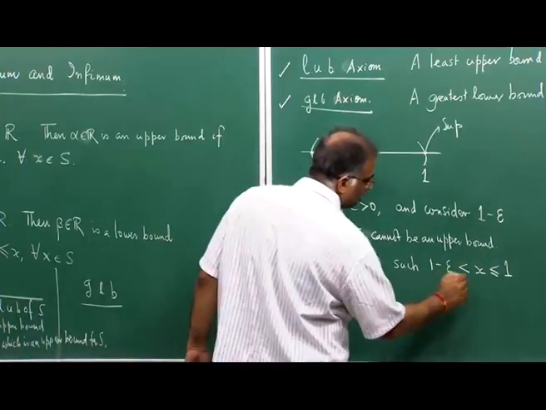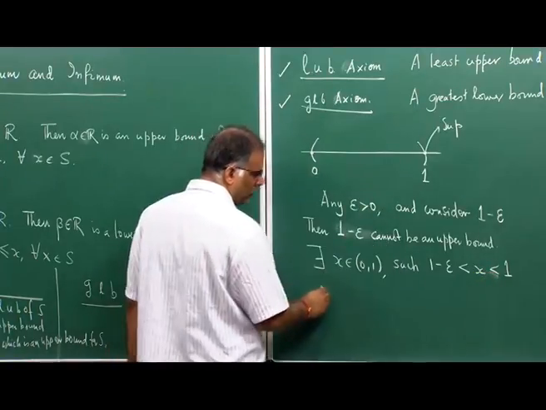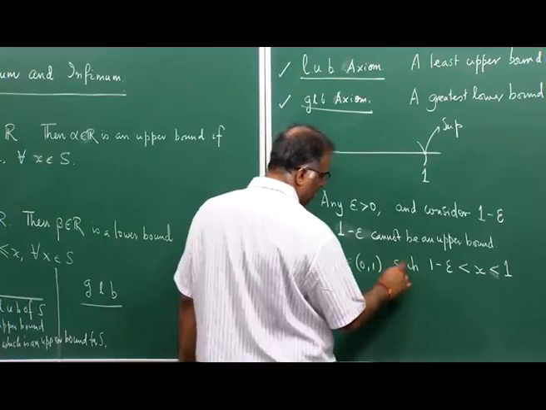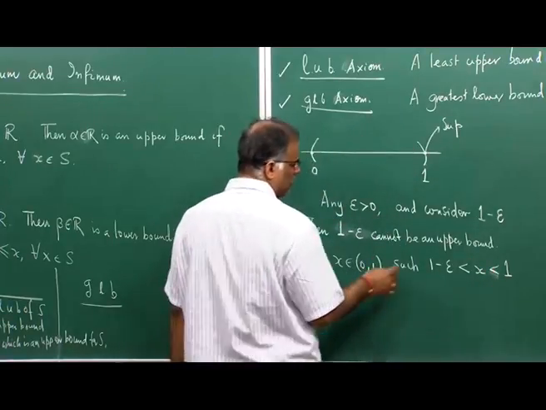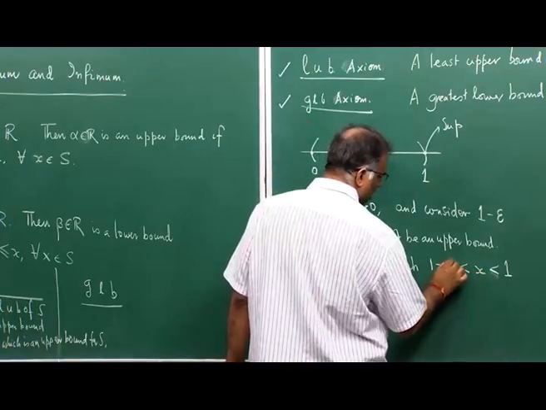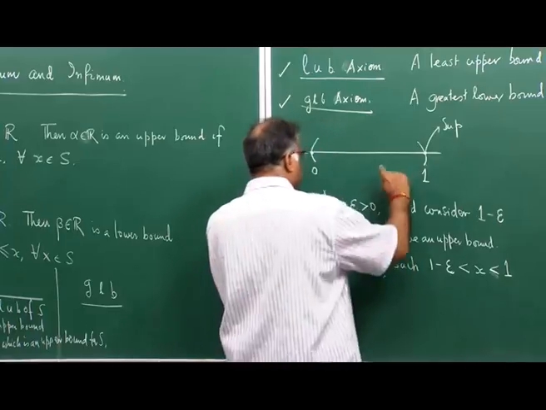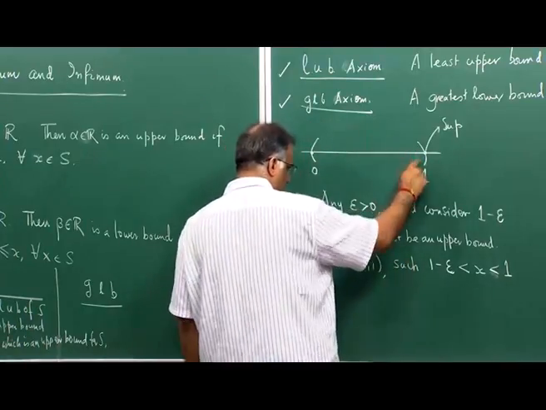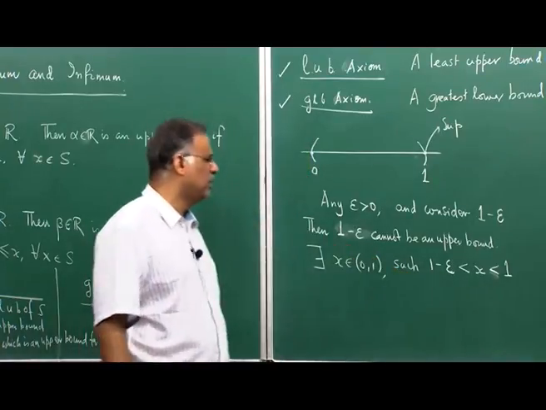Oh, sorry, right. So, for all epsilon there has to be some x in 0 1 which has to be bigger than 1 minus epsilon, okay.